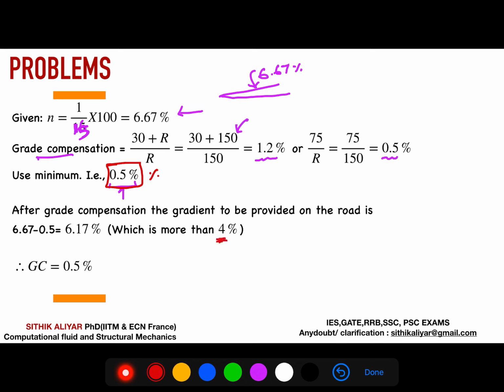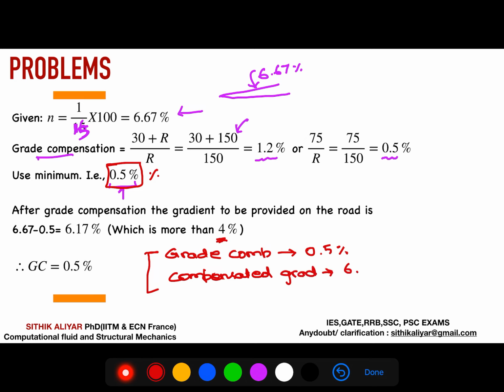Okay, so the question can come in two ways. If they are asking for grade compensation, then obviously from above you know the answer is 0.5 percent. The same question can be twisted: if they are asking for the compensated gradient, how much gradient is to be provided, we know we are coming with 6.67 and we have to compensate 0.5, so we have to provide 6.17 percent.